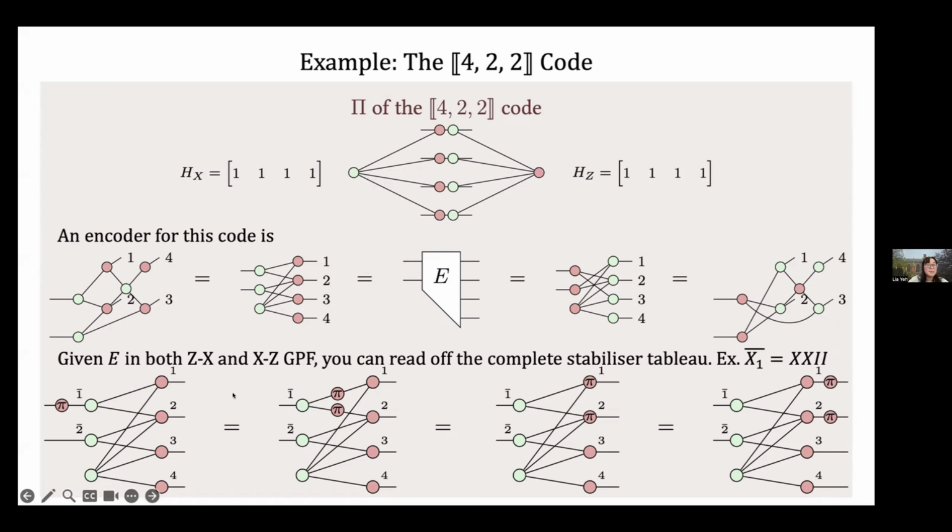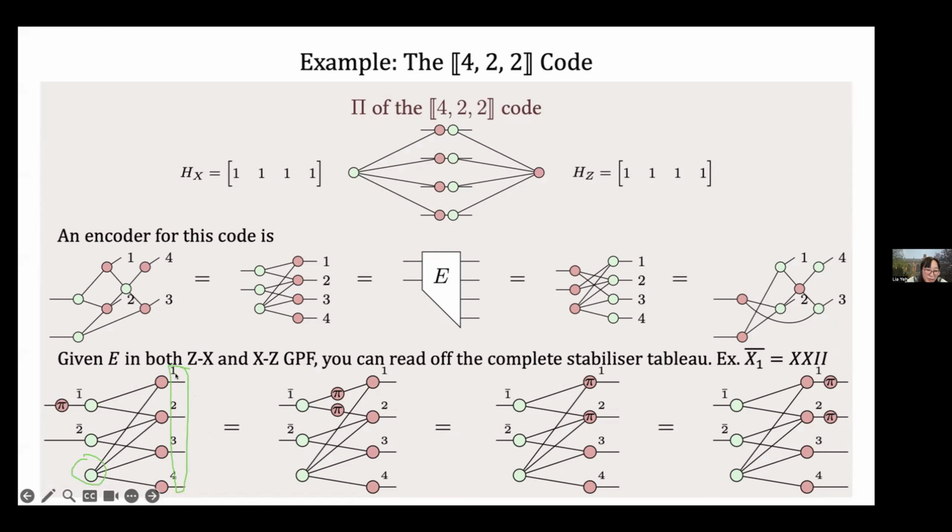You can do the same to read off logical X2 bar. From the third diagram, with this third subdiagram here, this is the weight 4 X-type stabilizer generator. You could start by pushing it through the encoder, but it doesn't actually push through.